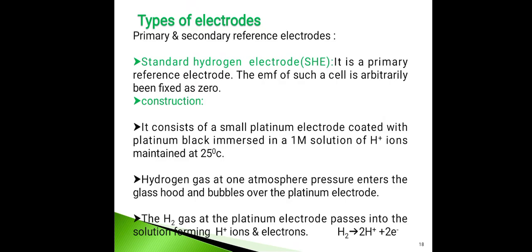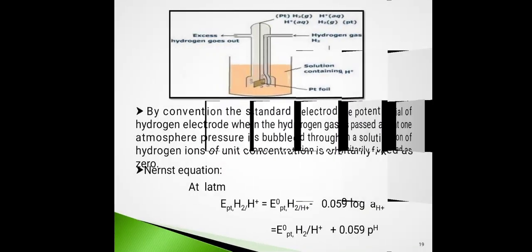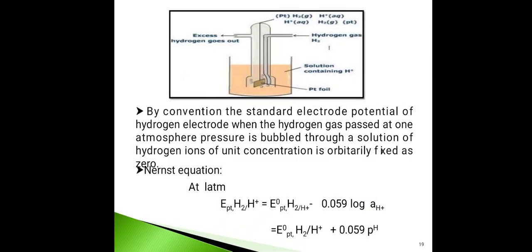The hydrogen gas at the platinum electrode passes into the solution, forming H+ ions and electrons. This is given by the equation H2 gives 2H+ + 2e-. You can see in the picture the diagrammatic representation of the standard hydrogen electrode.